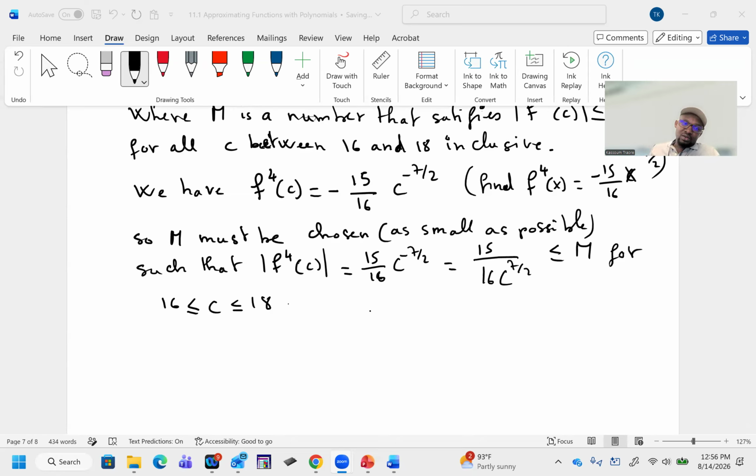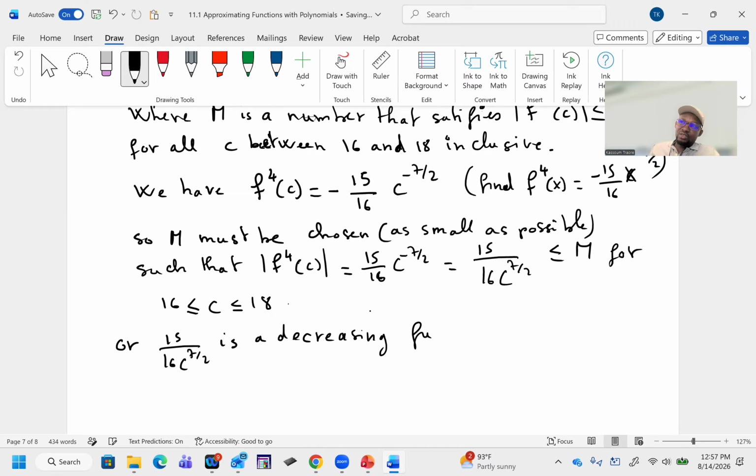You can see that 15 divided by 16 times c to the power of 7 divided by 2 is a decreasing function of c on the closed interval 16 to 18.